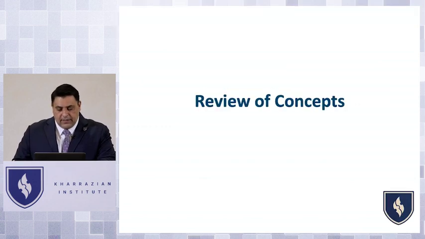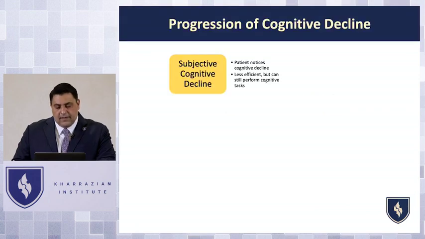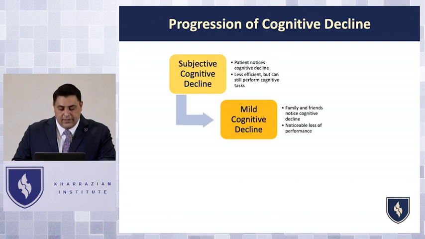And ultimately, when you're going through your evaluation, remember that there are different stages in progression of cognitive decline. So subjective cognitive decline is, does the patient notice cognitive decline themselves, less efficient, but they can still perform all their cognitive tasks. So that's one where you're not as concerned, but you still want to make sure that you evaluate it thoroughly.